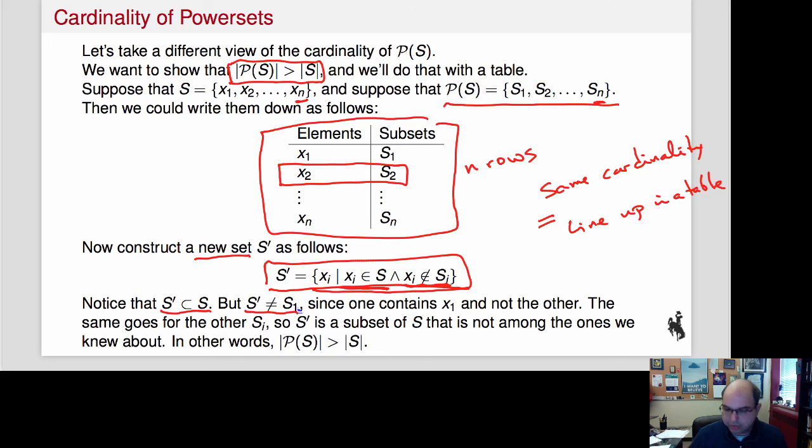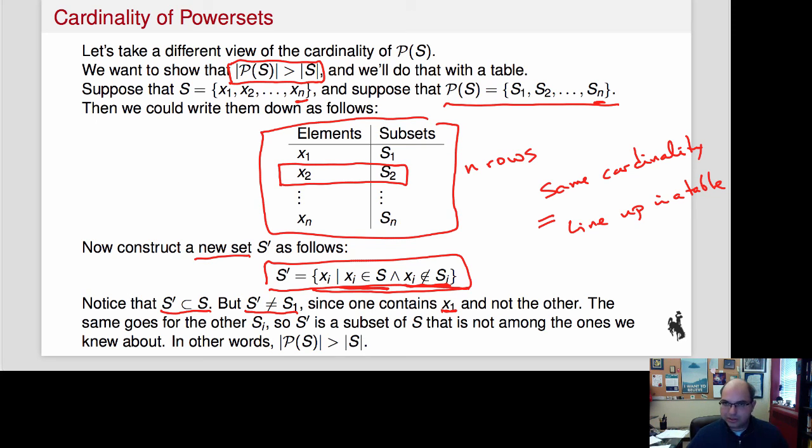But S prime is not equal to S1, and to show that, all I have to do is look at x1. If x1 belongs to S1, then it doesn't belong to S prime. If x1 doesn't belong to S1, then it does belong to S prime. So that element x1 is in one of S prime and S1, but not in both. The same goes for any of the other S sub i: x sub i belongs to S sub i or to S prime, but not to both.